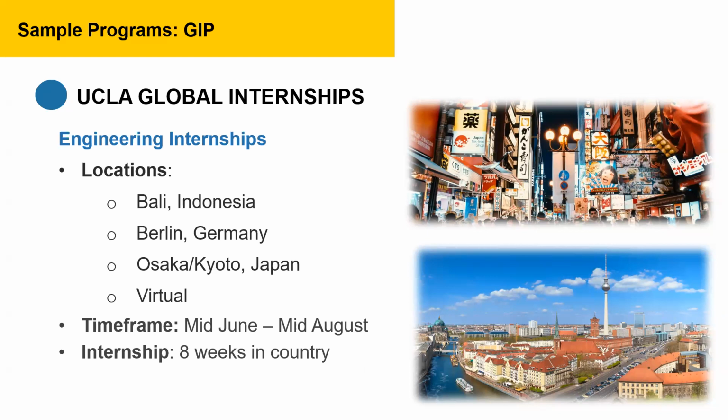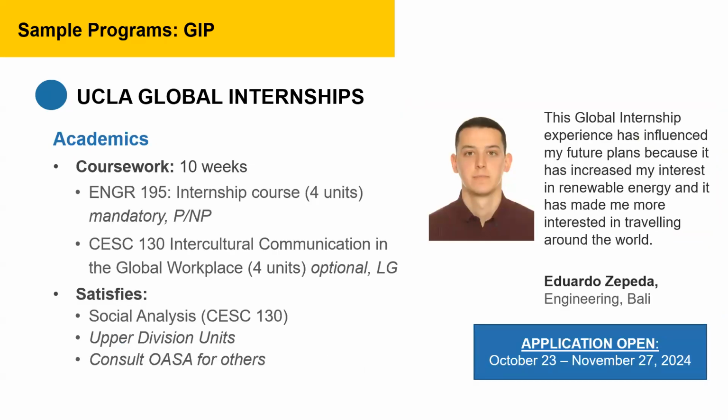So these again happen during the summer and include an 8-week experience of your internship, which is during summer session A, which would be mid-June through mid-August. The academics for the program follow the summer session A10 calendar. So they're 10 weeks long, so a little bit longer than the actual internship itself.